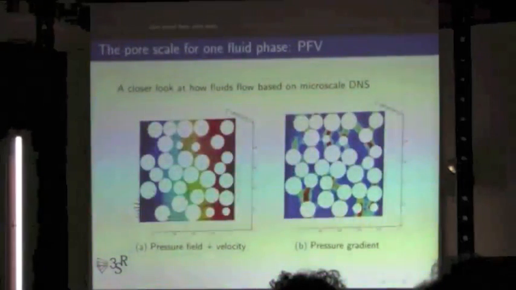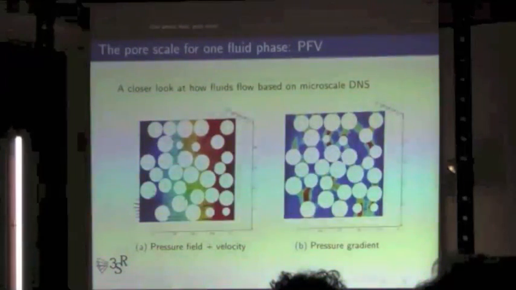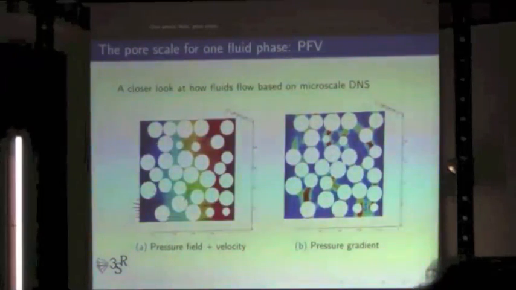First, some results at the micro-continuum scale. If you solve the Navier-Stokes equation in a three-dimensional sphere packing, you impose a macro-scale gradient and the fluid flows through the problem. You have here the velocity field, and the color is the pressure. You have, of course, at the macro scale a gradient of pressure.